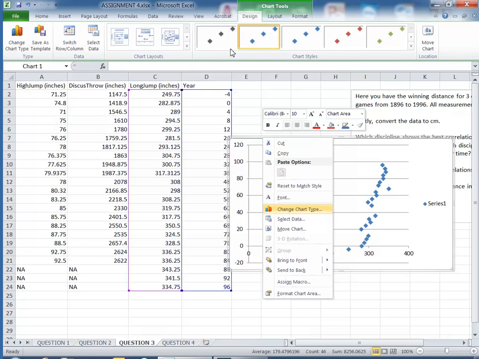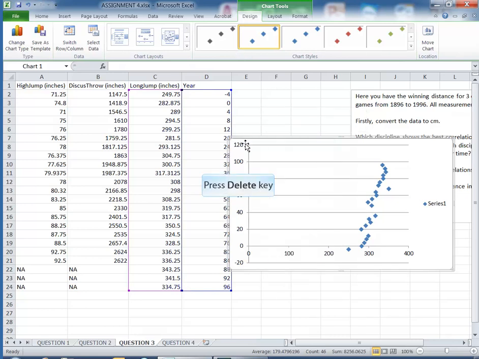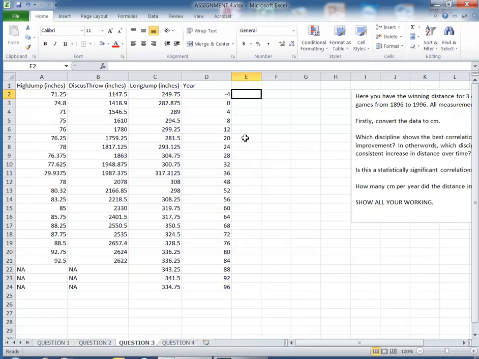So the explanatory variable would actually be the year, so it should be in the x-axis. So the way we get around that, and I'm sure there's trickier ways, is I'll just go over here, convert my inches to centimetres, and I don't quite know what the conversion is. I'll just do it off the top of my head, 2.8, something like that.